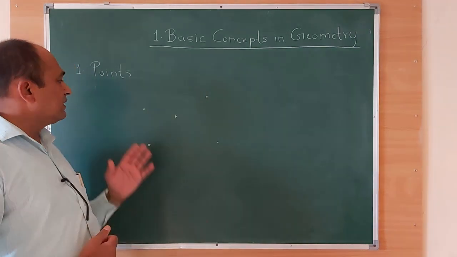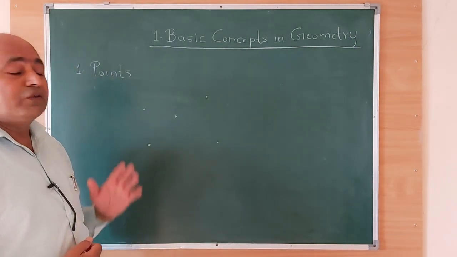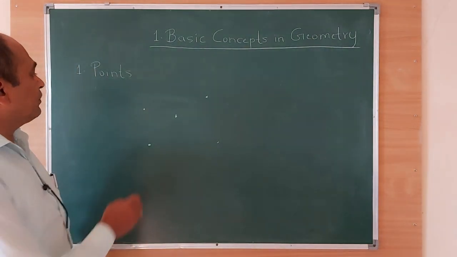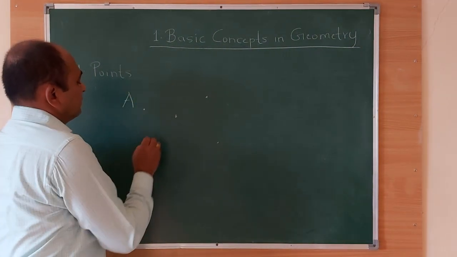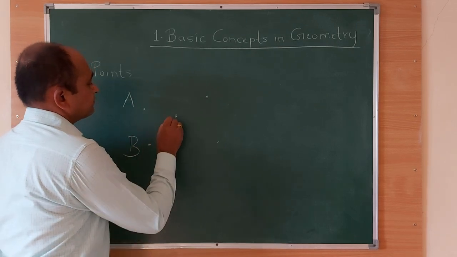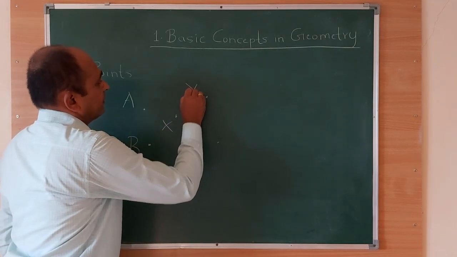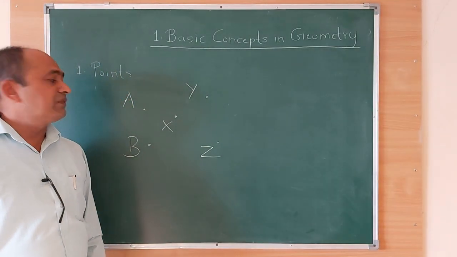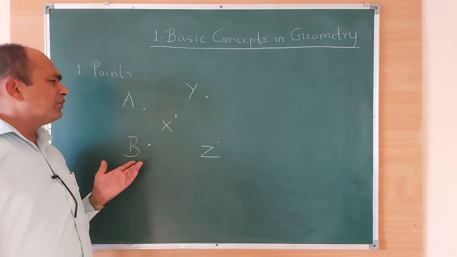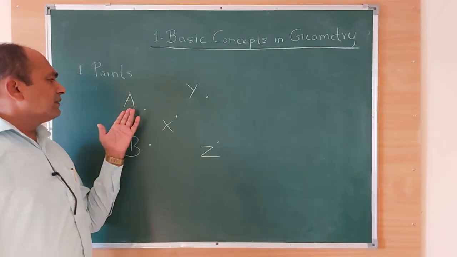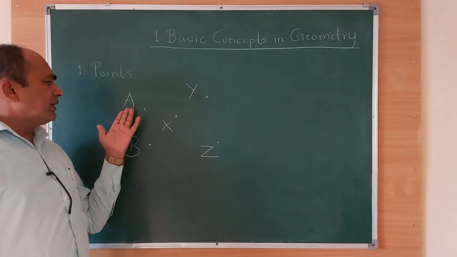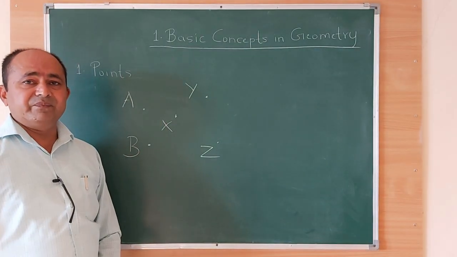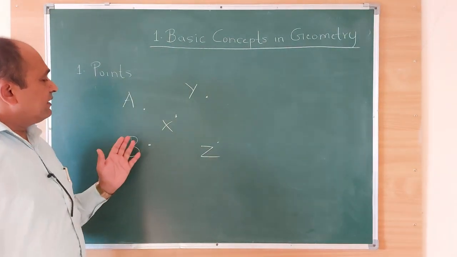So in the same way, if I want to mention this point, I have to give names to the points. Now how do we name the points? We name the points with the help of capital letters of English alphabet. Whatever names you want to give. I have given this point name A, point B, point X, point Y, point Z. So I have given names to these points.